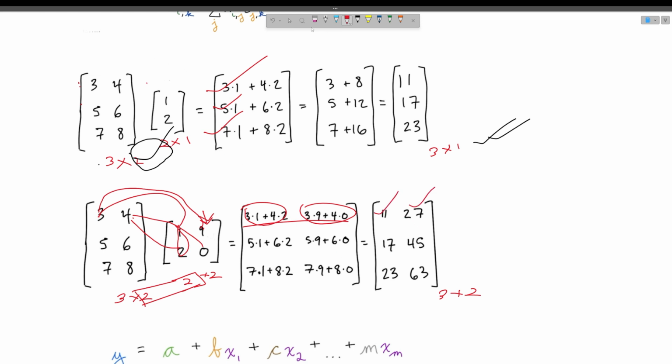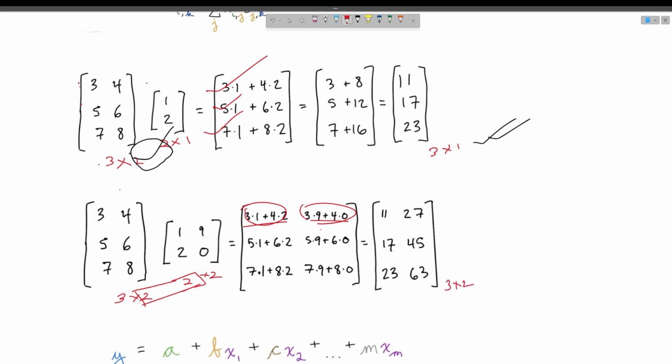You don't need to complicate this process. It's the practice which will make it easier for you. That's totally normal. So we have 3 rows and 2 columns.